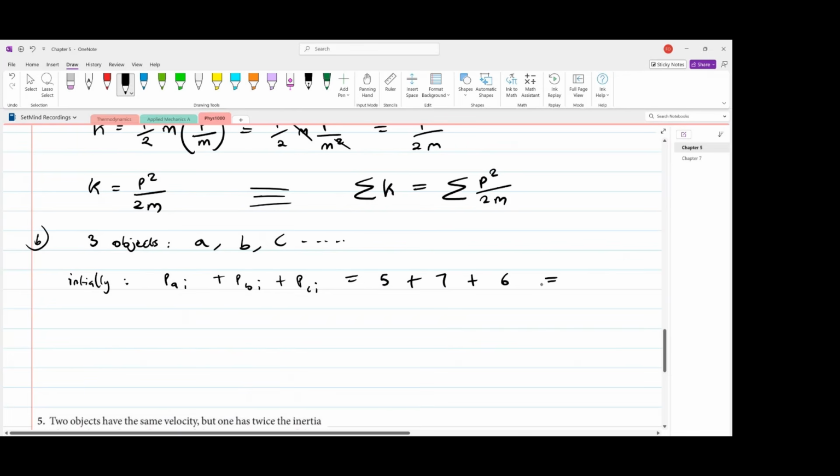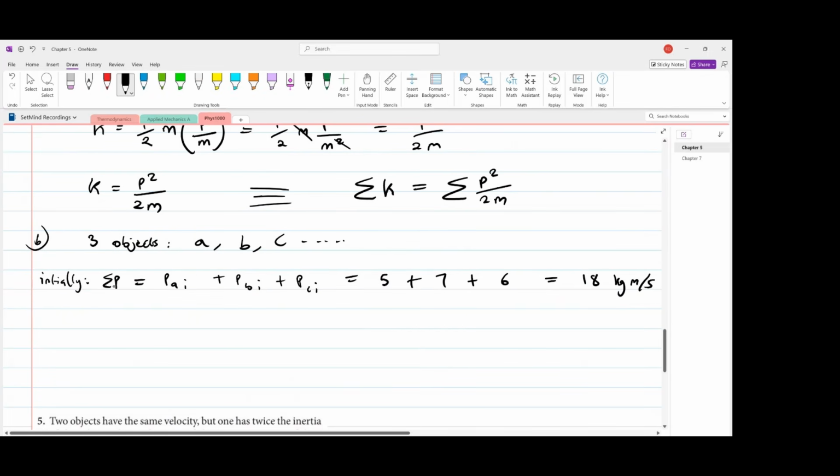If we add this together, 7 plus 6 is 13, plus 5 is 18. So this is 18 kilogram meters per second. This is our initial sum of momentum.